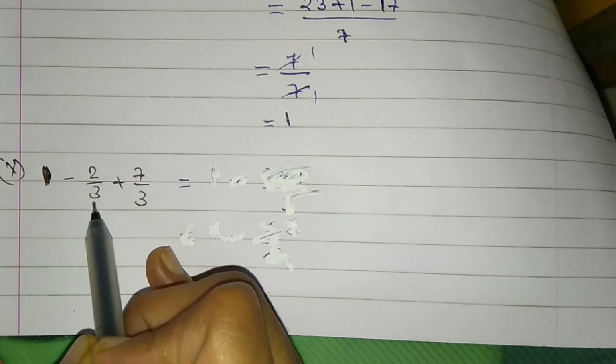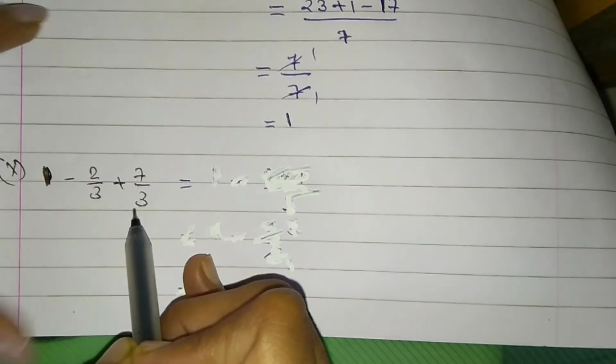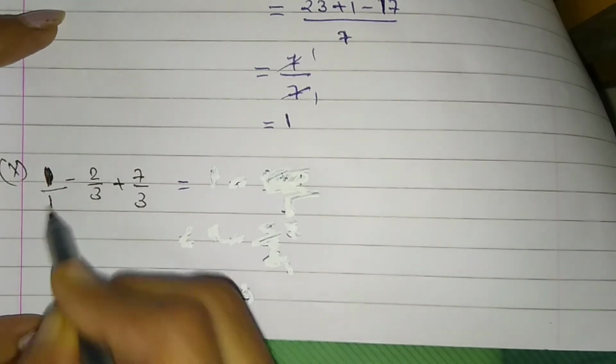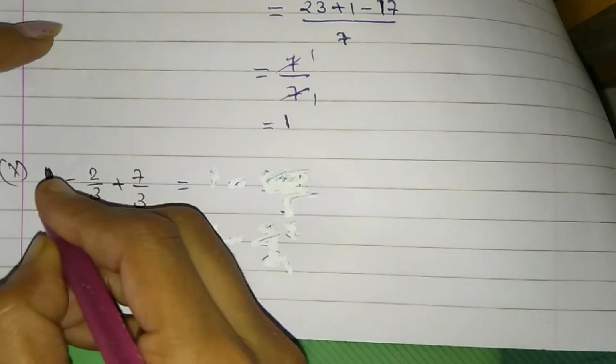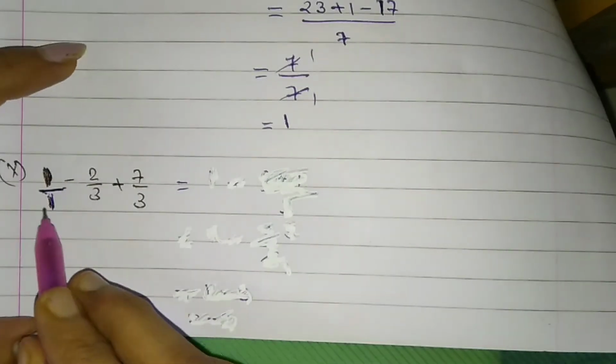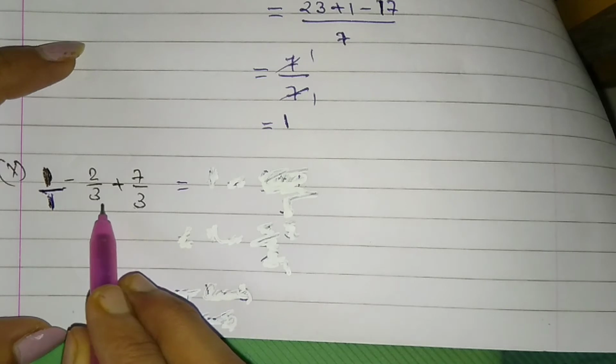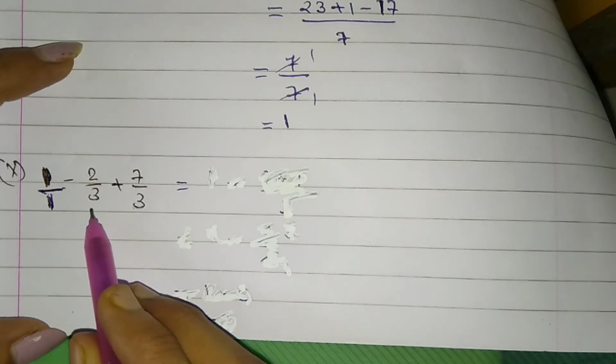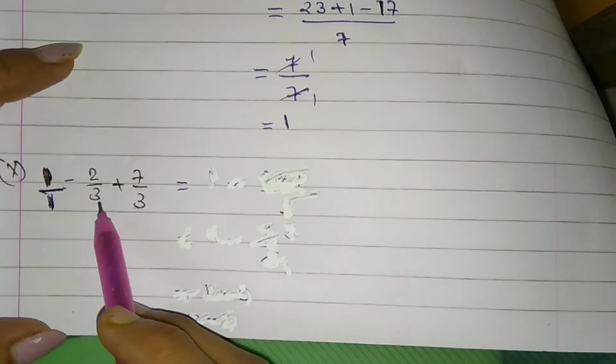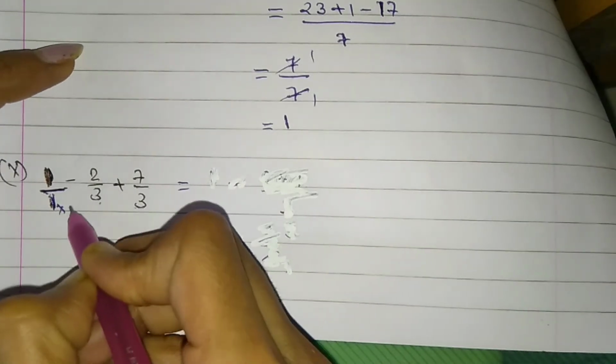Now 1 minus 2 upon 3 plus 7 upon 3. Now here nothing means 1. Okay. Here, nothing means I am writing 1. Now here all the denominators are not the same. So we have to make them the same. So we have to take out the LCM. So LCM is 3. So multiply with 3.